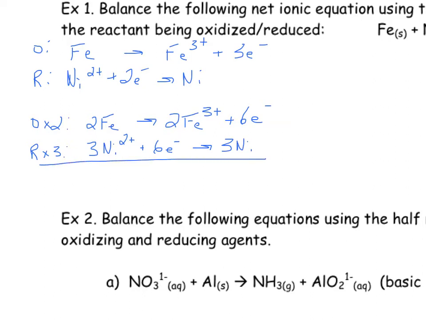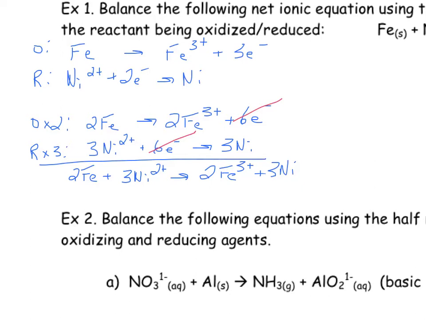Because I'm under neutral conditions, all I need now to do is add these 2 half reactions algebraically together. You notice that my electrons cancel out. Here's the balanced net ionic equation for iron and nickel reacting together.